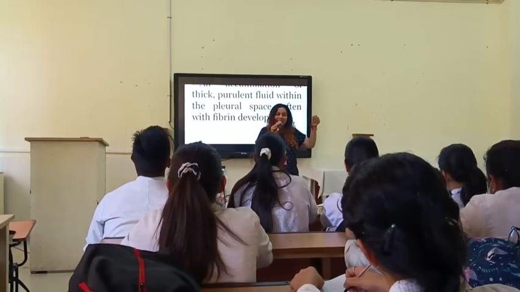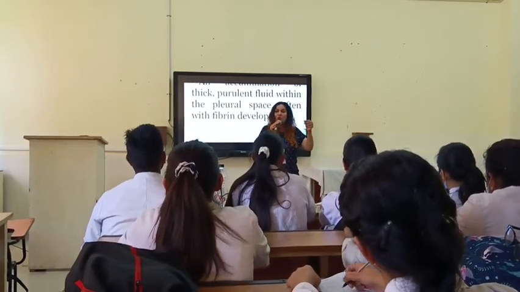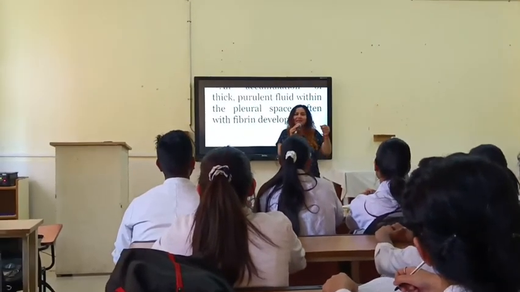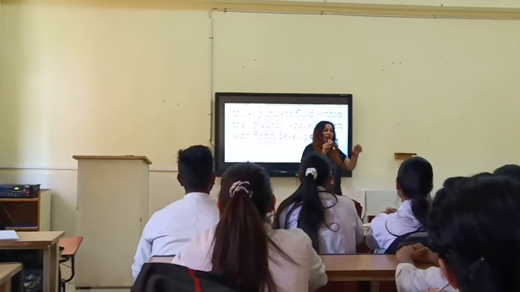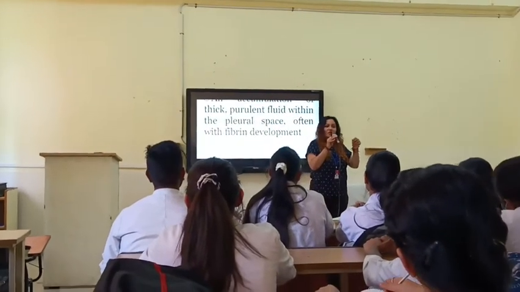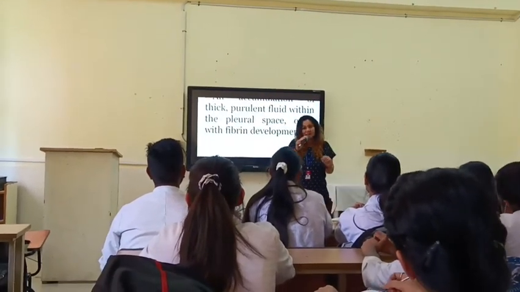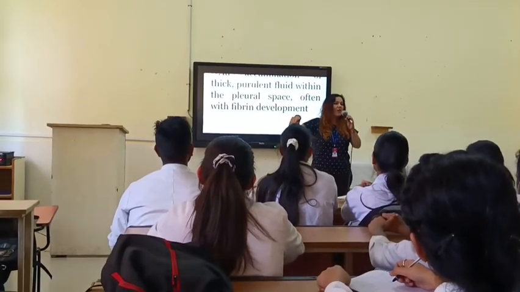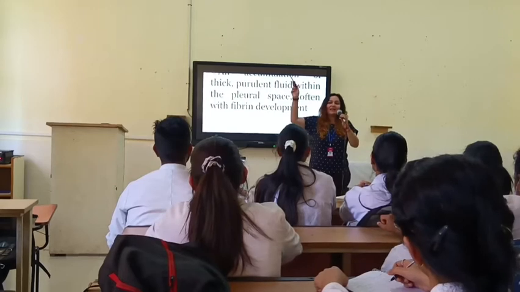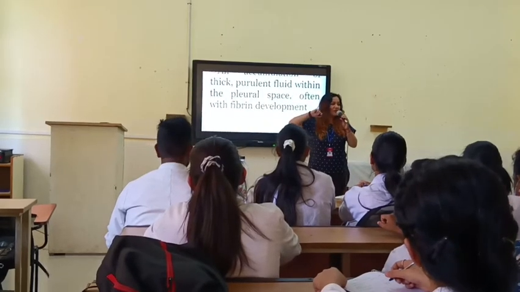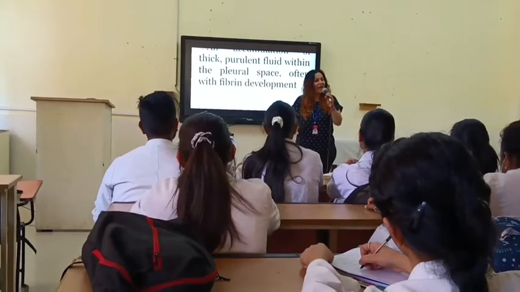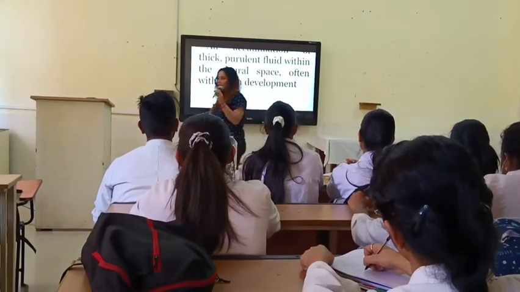So the insertion of the tube should also be done very correctly, otherwise that can also become an iatrogenic cause of injury to your lungs. Is it clear? So in major categories, the causes could be any secondary infection, traumatic invasion, or any iatrogenic cause. Okay, is it clear?